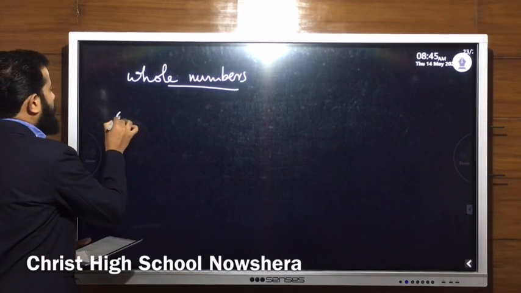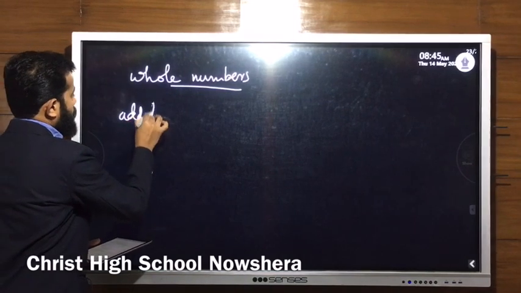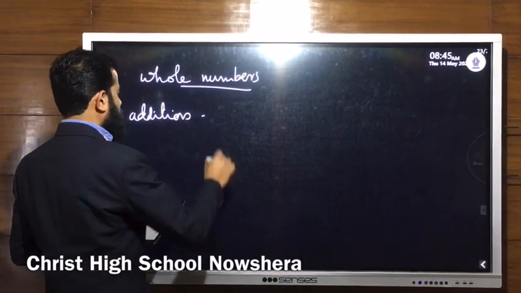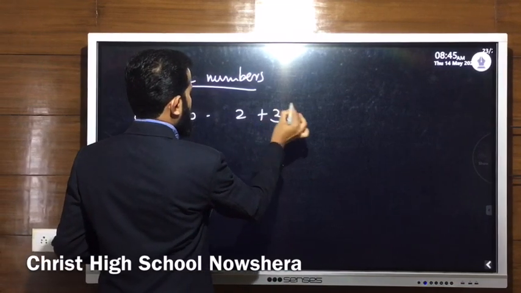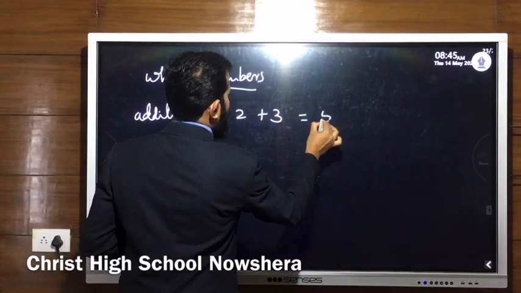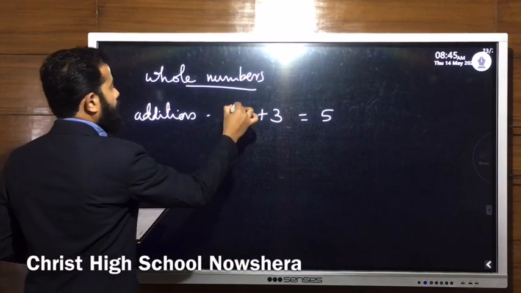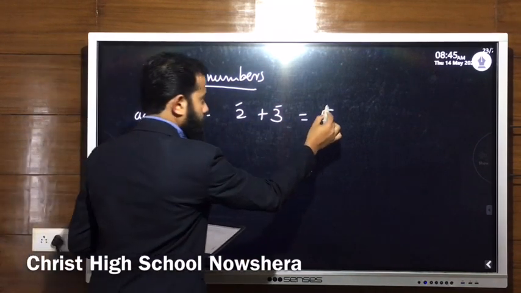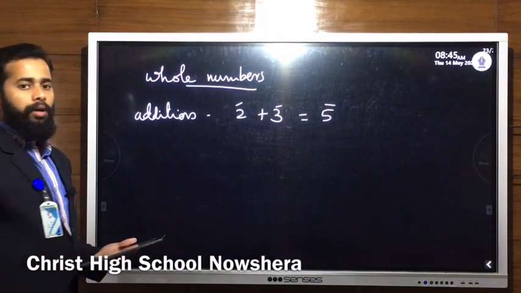First of all, addition. We are choosing two whole numbers. 2 plus 3 is equal to 5. We can see that 2 is a whole number, 3 is a whole number, and the result 5 is also a whole number.